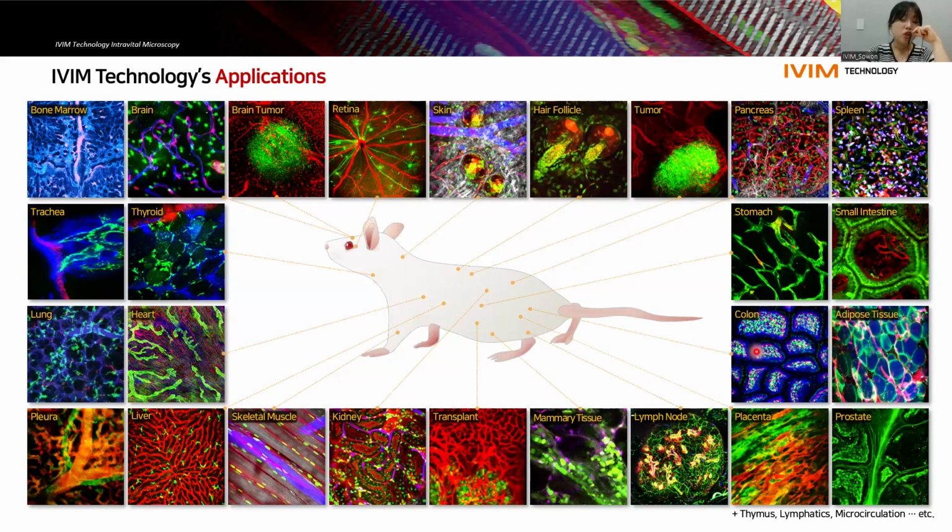Beyond the applications I've just introduced, our intravital microscopy system can visualize a wide range of organs in living mice. For instance, we can monitor the brain, such as in brain tumor studies, and the small intestine and the kidney in real time. Additionally, imaging is also possible in skeletal muscles.